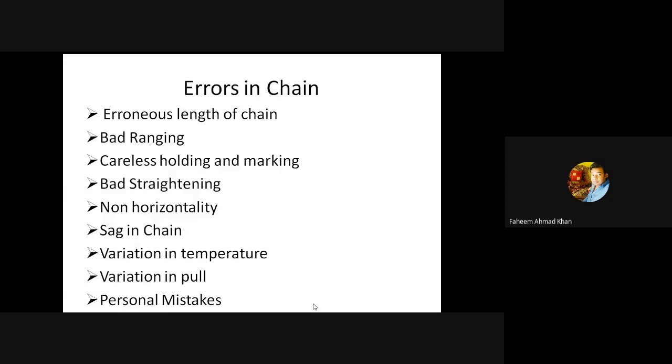So there may be a confusion in the mind of the observer. It can be avoided by seeing the central tag. First, see the central tag, then see whether we are proceeding forward or going backwards. If we are going backward from this central mark, then it will be a 5-meter tally, and if we are going beyond that center mark, it will be a 15-meter tally.